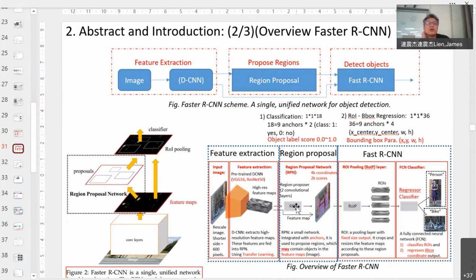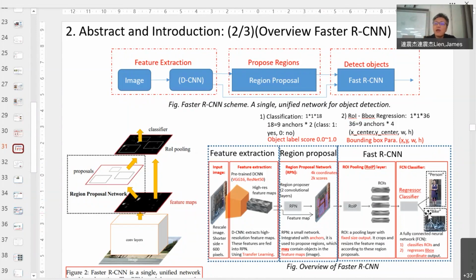The difference is that the total loss here includes regression and classification, but in the RPN the classification has only two classes, foreground and background. In Fast RCNN, the classification supposes 20 classes, such as car, people, cat, dog, something like that.